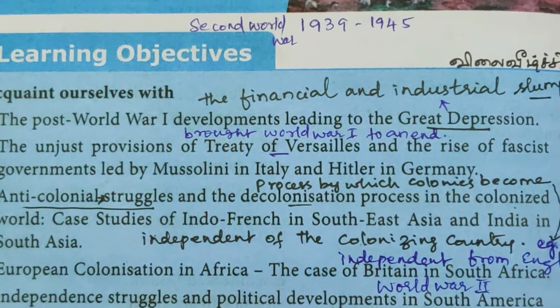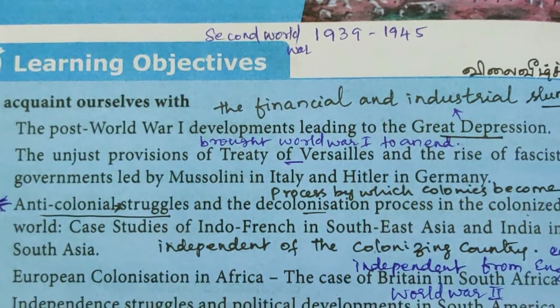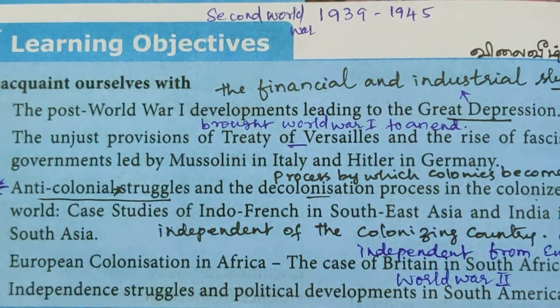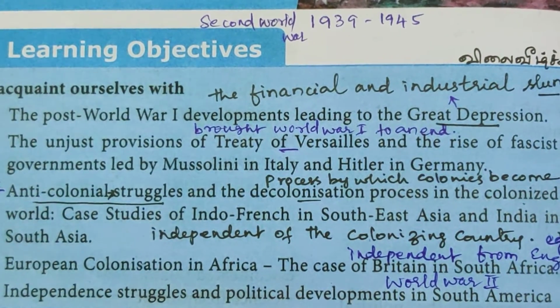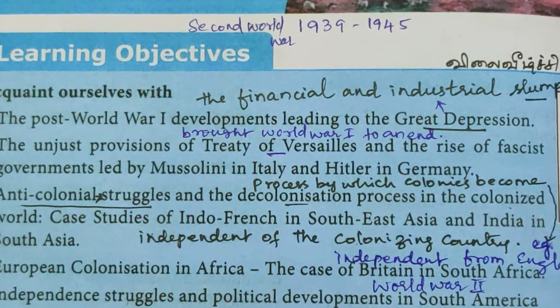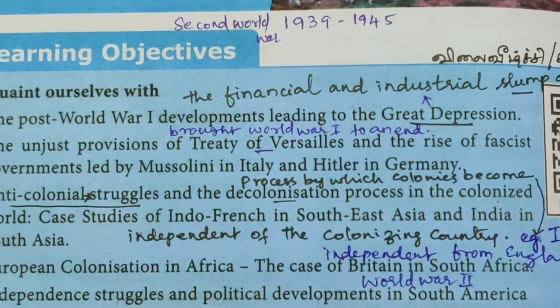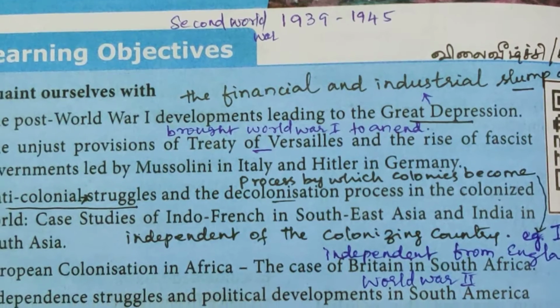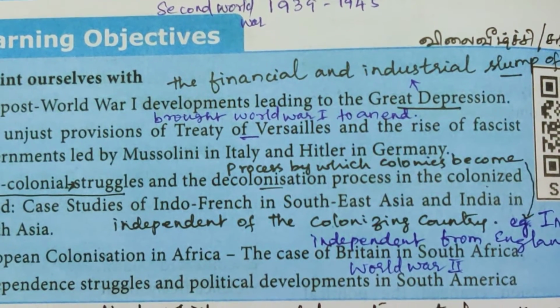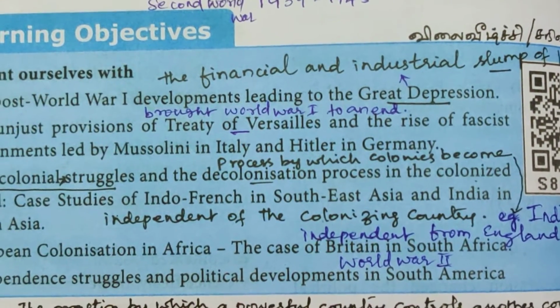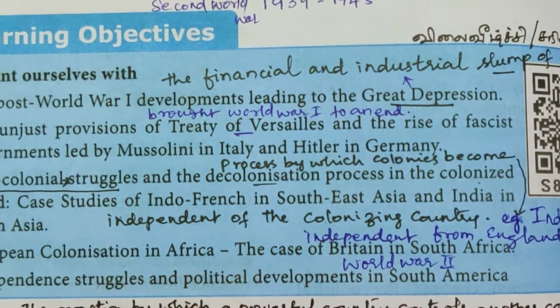The next point we are going to discuss is anti-colonial struggles. What is anti-colonial? Opposed to the colonial rule of one country by another, that is what we call anti-colonial struggle. And the decolonization process in the colonized world.